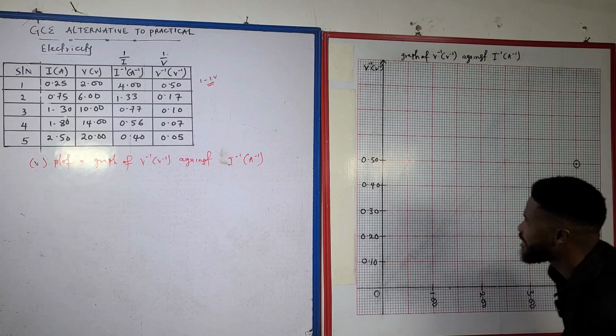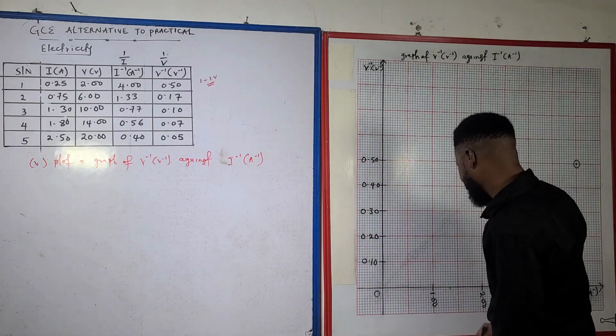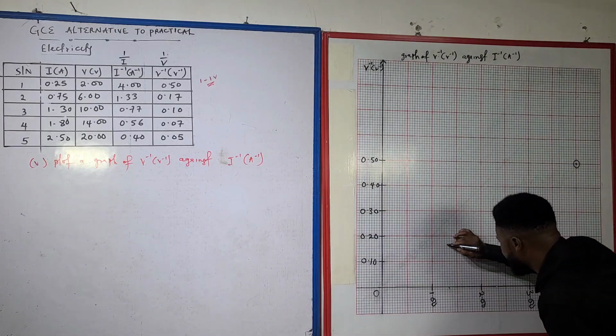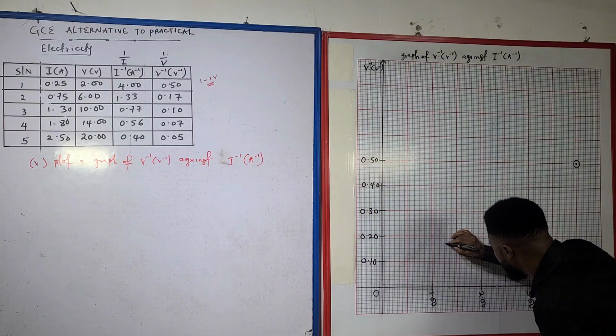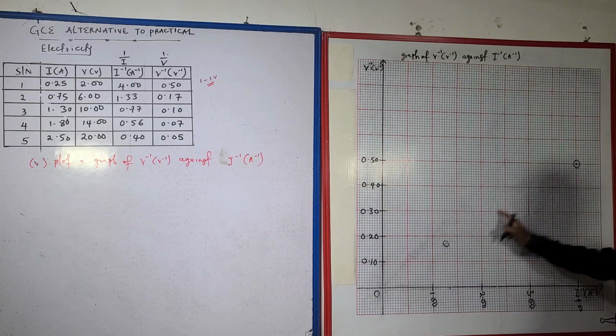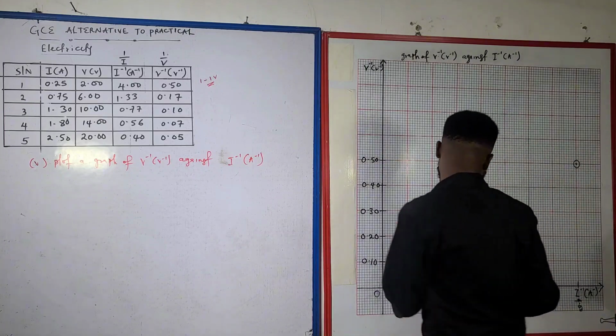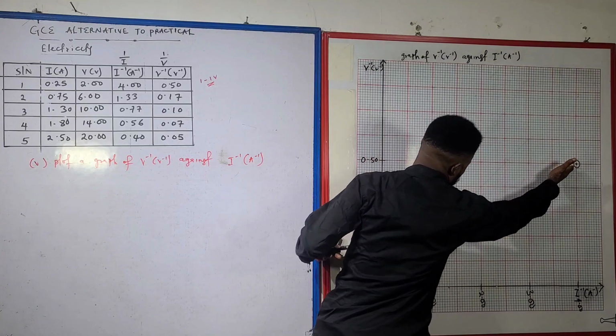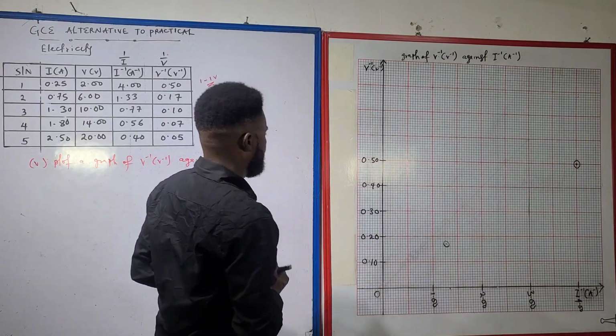So, 1.33 and 0.17. If I trace that, it is looking here. So I'm going to get that as well. It's looking like it's going to go this way. Yes, let's see how it goes.